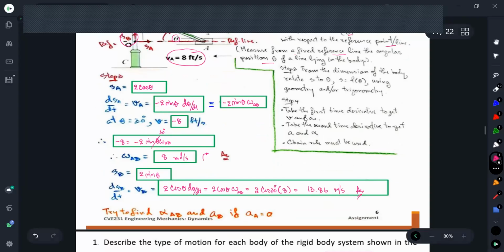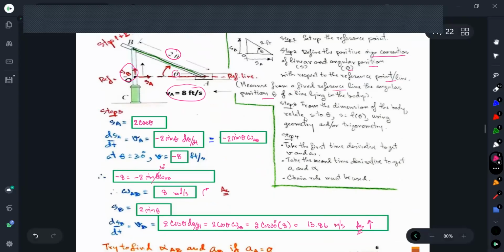That completes this problem. VB should go up because it is positive and consistent with SB, which moves up as positive.